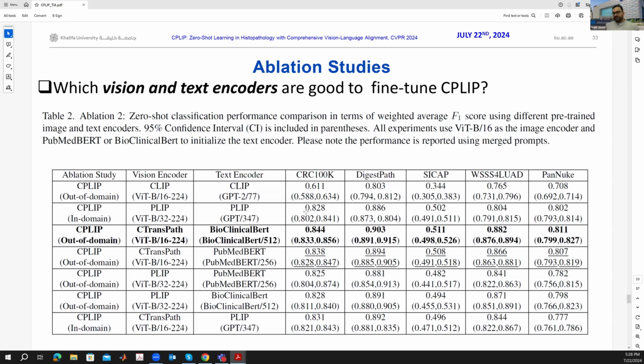The vision encoder, I mean. So here you can see that the best performance we pulled out was using CPLIP with out of domain encoders, CTransPath and BioClinicalBERT. Nowadays we have more foundational models, so anyone can use any vision encoder and language encoder here to further boost the performance. So we have done this ablation study just to give a message to the community that the performance may vary if you are using different kinds of vision encoders and textual encoders.